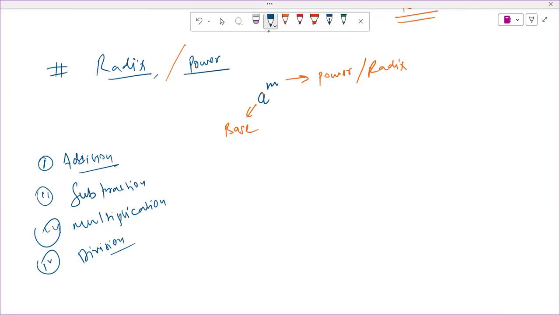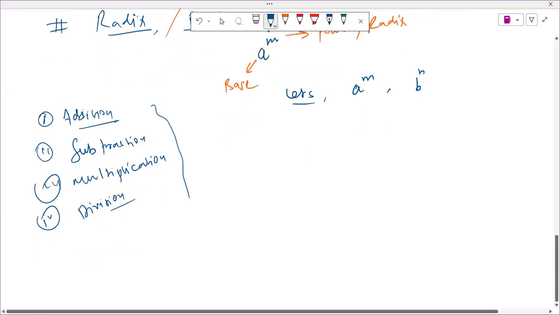When we do all these things, we should have at least two numbers. Let's say we have a to the power m and b to the power n. We can have different scenarios.